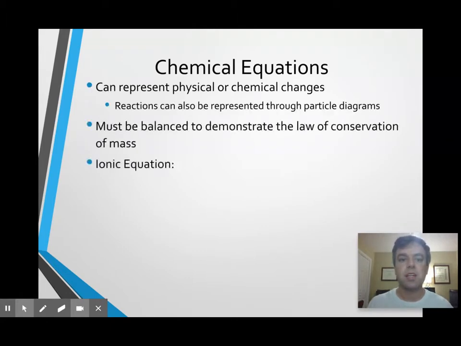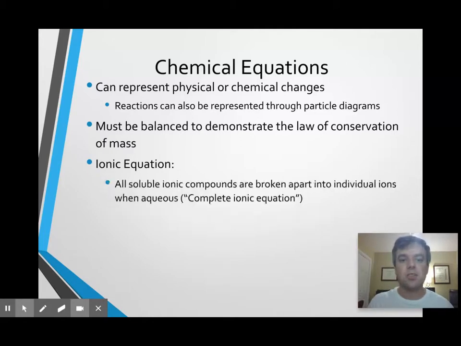Today I'm going to pick up on this slideshow on chemical equations where we left off yesterday. All chemical reactions have to be balanced in order to demonstrate the law of conservation of mass. You should know this by now. But in addition to just a normal chemical equation, we can write what's called an ionic equation or a complete ionic equation, where all soluble ionic compounds are broken apart into their individual ions when they are aqueous or dissolved in solution.